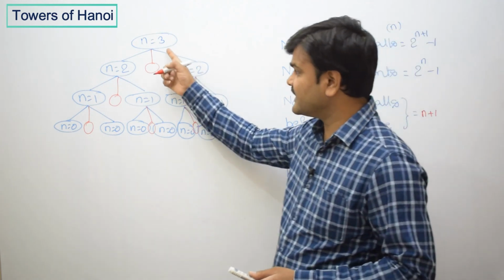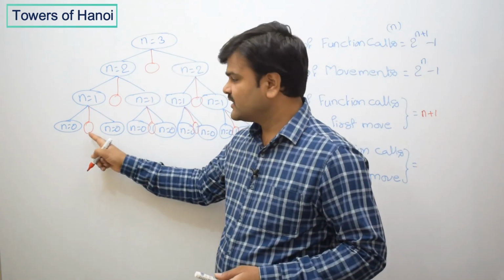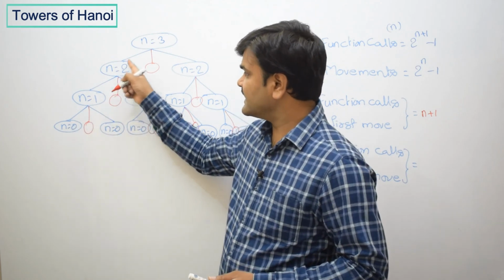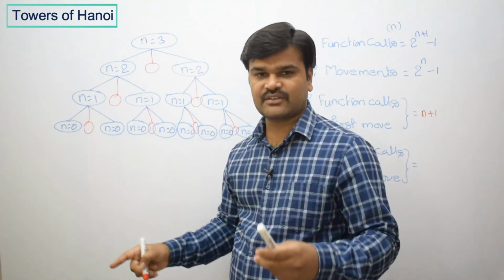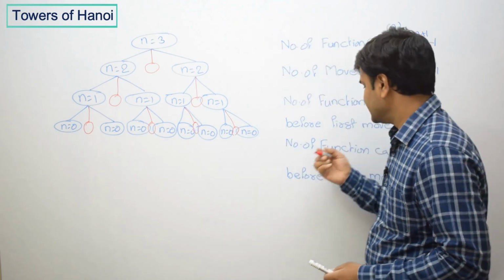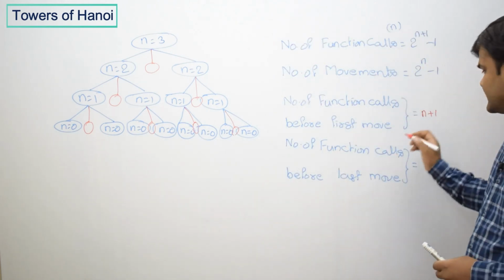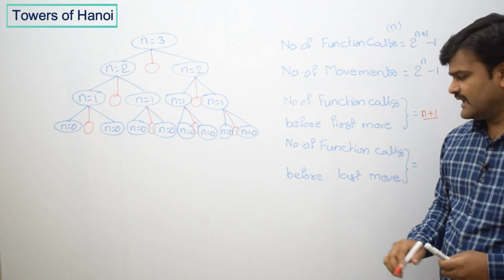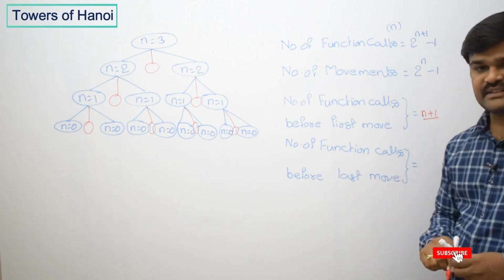That is 3 plus 1 function calls. So before this, all these are the function calls. So 4 function calls, 3 plus 1. The same thing holds even here. That is what it is in terms of n.